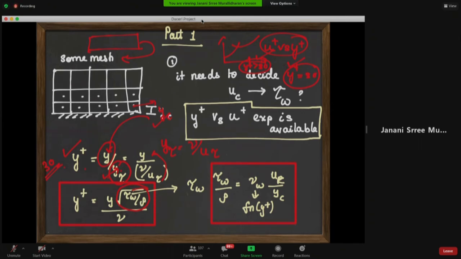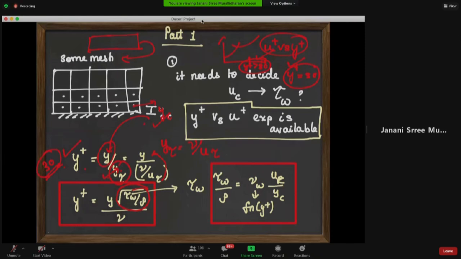What are we looking at? We need to capture the velocity accurately. That means the first thing I have to do is decide upon a mesh. I have to decide upon Y_C. So to decide upon Y_C, what do I do? I say I know my flow is turbulent. So I should at least have a Y plus of 30, which is the recommendation of several turbulence models.